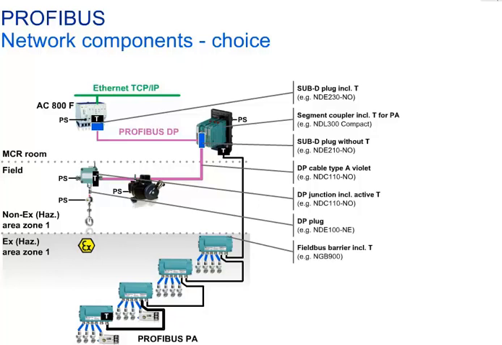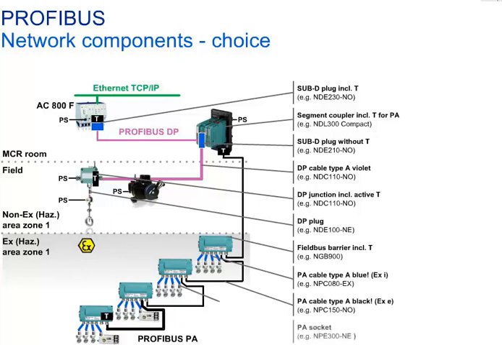For the Profibus PA segment, you need field bus barriers, 2 types of PA cables, and PA sockets. The most commonly used components are available from ABB. Refer to the corresponding brackets for the ABB type designators.